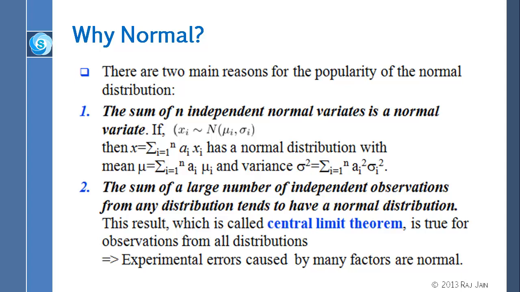And that's why the experimental errors are normally distributed. Because you have taken care of all the factors, but there's lots of other parameters that you have not taken care of, and they are causing the variation in your measurement, and therefore the errors are normally distributed. They are at least assumed to be normally distributed.